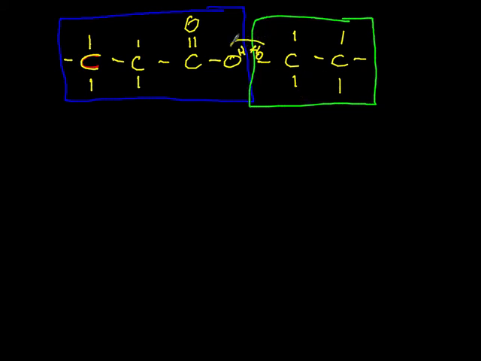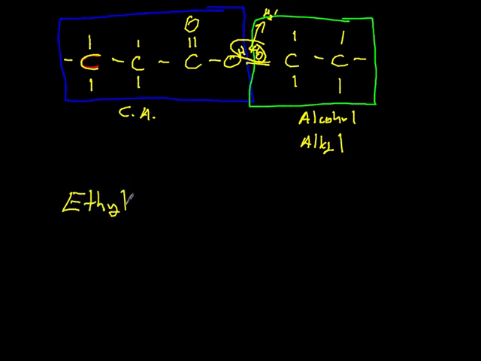And so we took those 2 H's and that O, pulled them out, made water, and then allowed the bonds to form across. This side here was the carboxylic acid, and this side here was the alcohol. Remember, the alcohol name is basically named as an alkyl. A 2-carbon alcohol would be ethyl, and you always write the alcohol portion first in the name.